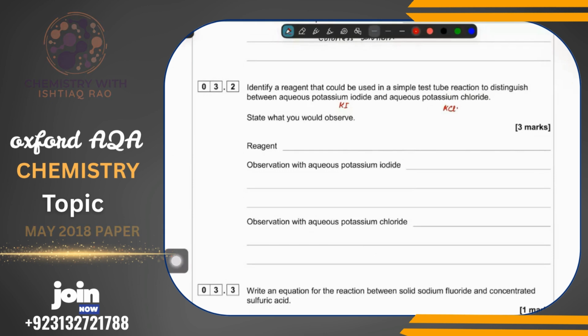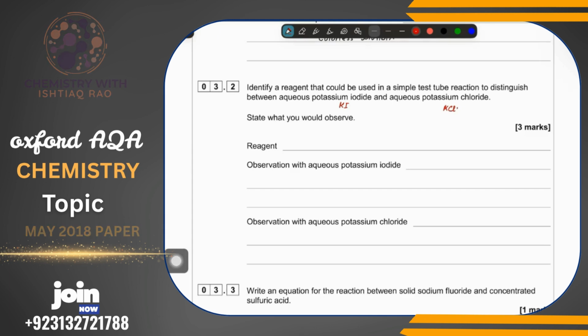So the reagent would be... wait, one second. You're going to use dilute nitric acid, and then add aqueous silver nitrate, I think, for the bromide and iodide.